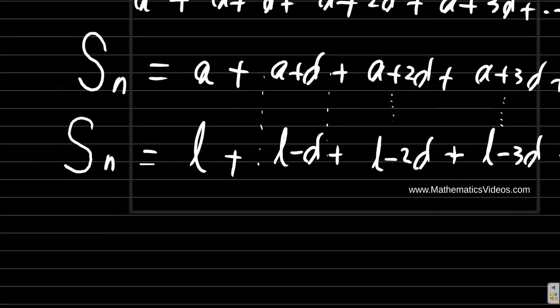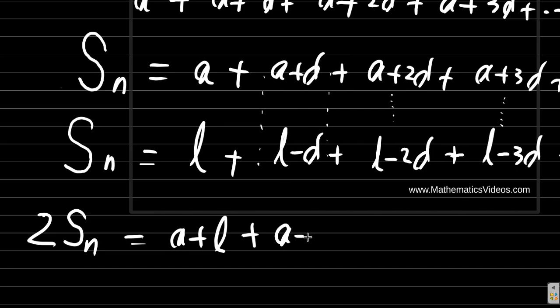Now, if we add equation 1 and 2, we're going to get 2 times the sum of n terms equal, well, this is A plus L plus, now when we add, this is going to be A plus D plus L minus D, put it in bracket.